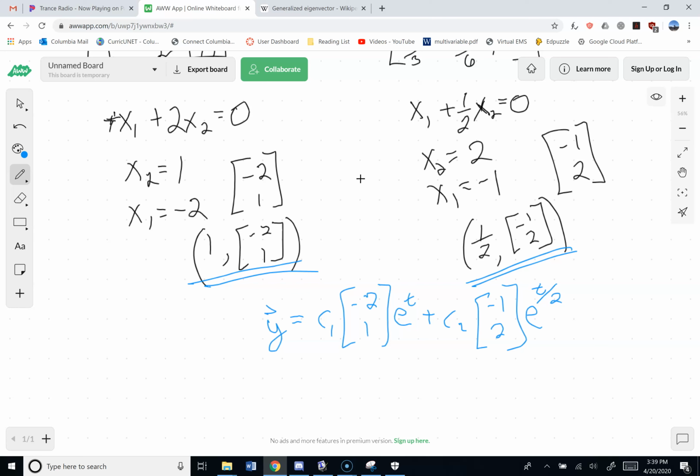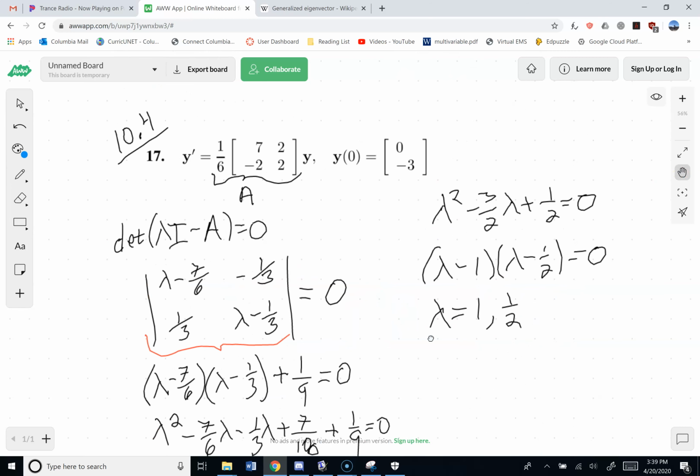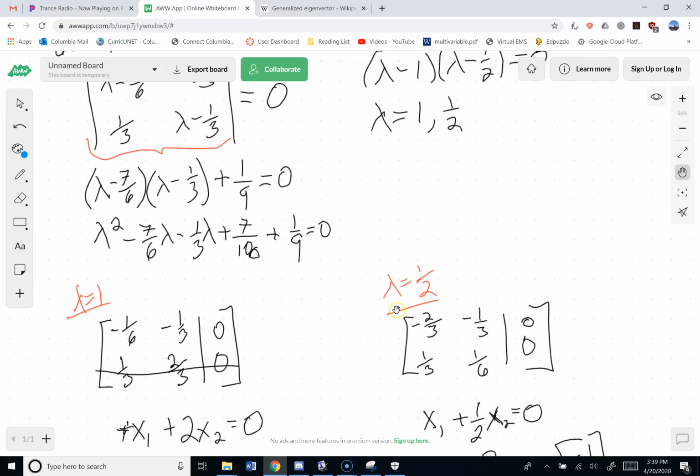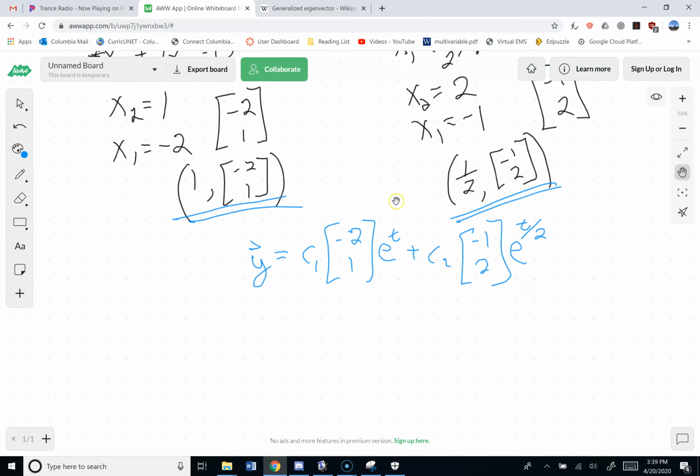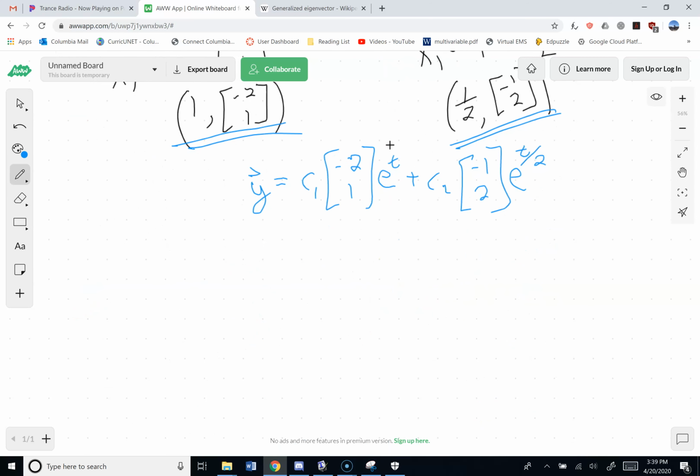Okay, so now that I have this thing, what was the other part of this problem? Use your values. If I go back up and look, I have initial values, which are y of 0 is (0, -3). So when I plug 0 in, I should get out (0, -3).